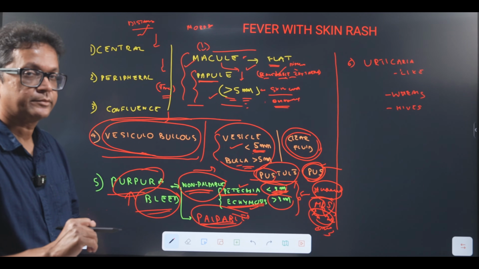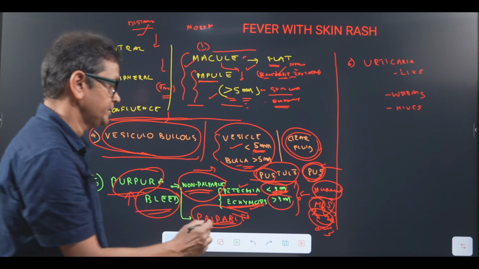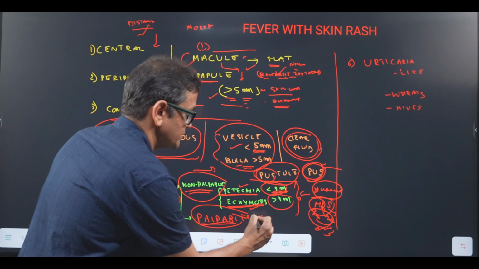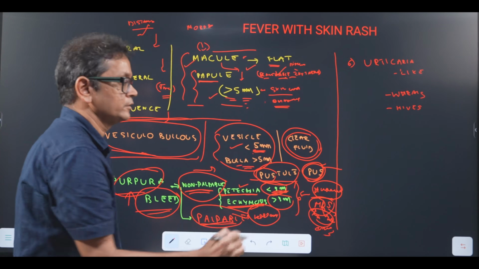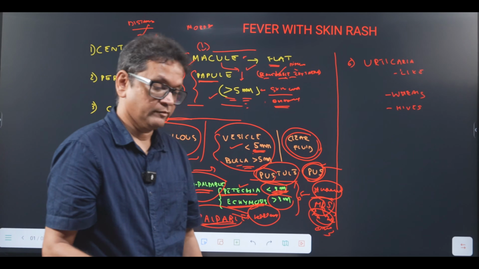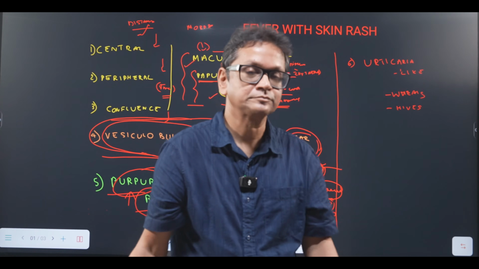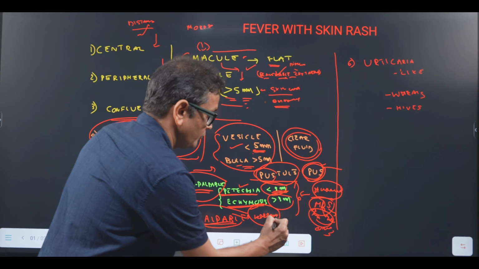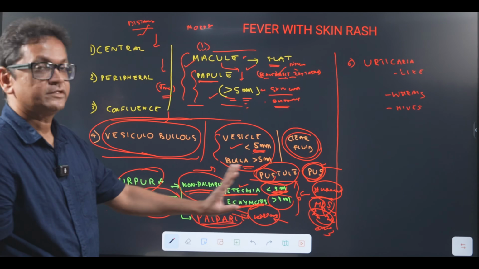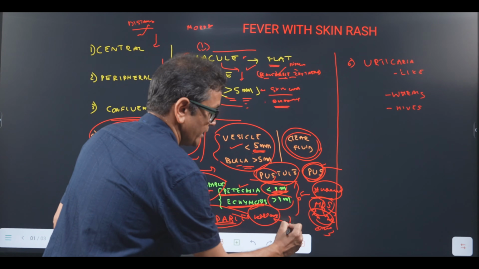Please guess. I will tell, it is in the vessel wall itself. So, what are those diseases that affect vessel walls that you know? Many diseases, but I will tell.